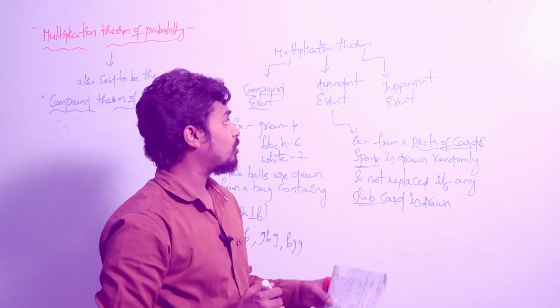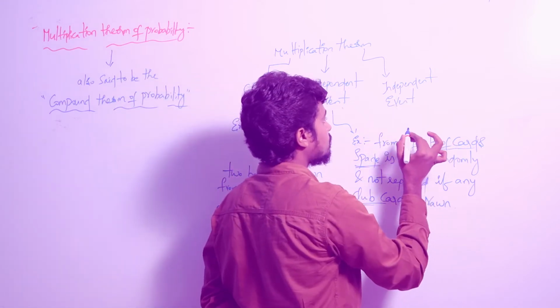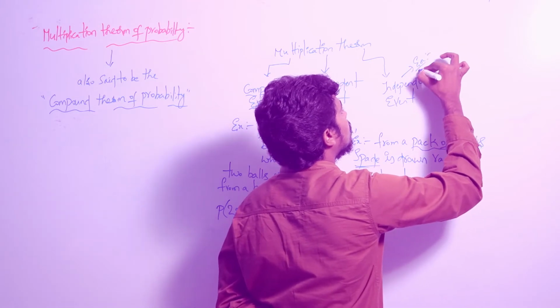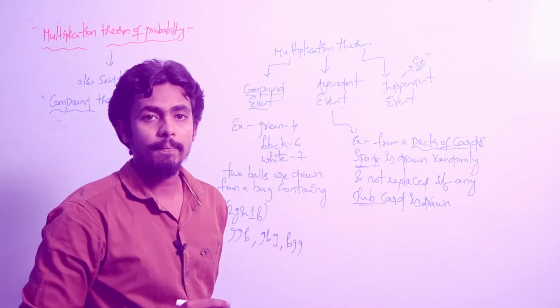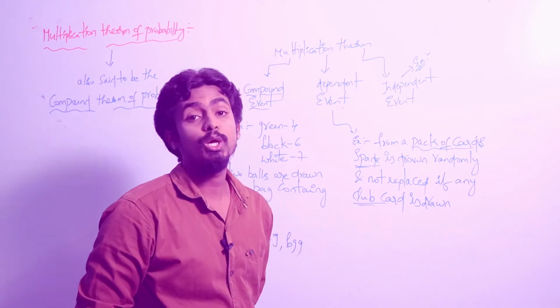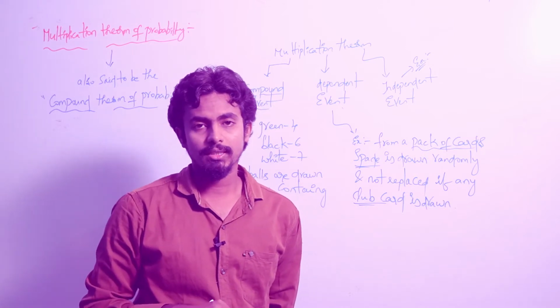For the independent event, here is an example. If you roll a dice as well as toss a coin, it may be either head or tail.